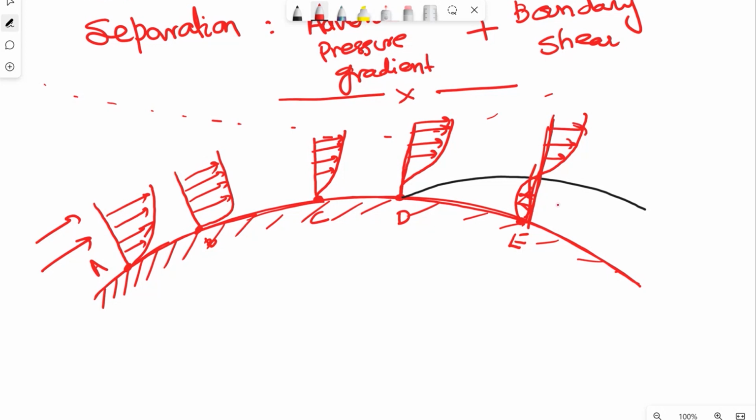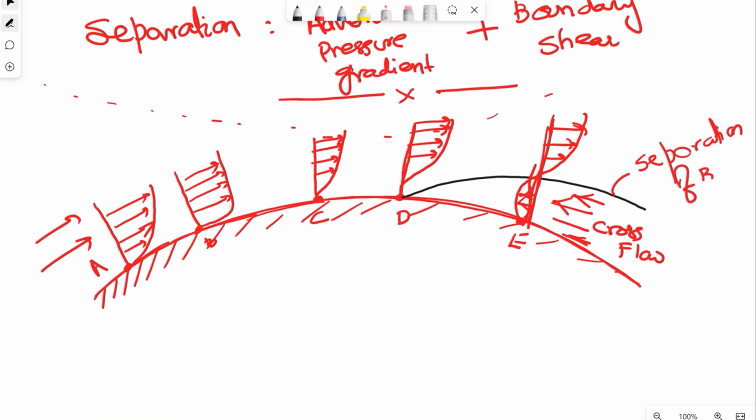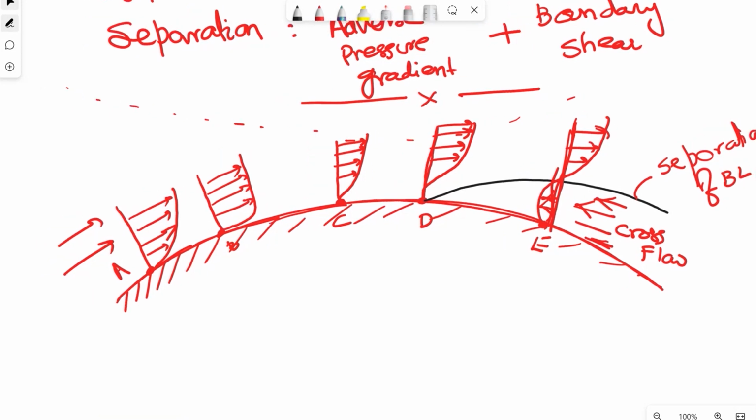And one more point is here, there is a cross flow. This is cross flow. And this one is the separation of the boundary. My question is where this separation occurs. If I take from A to B, B to C, the whole thing, the pressure gradient is negative.